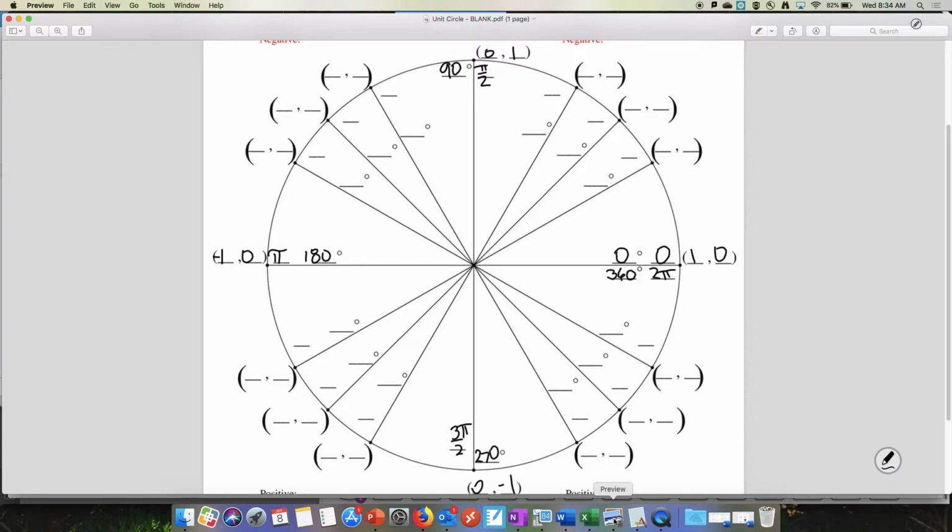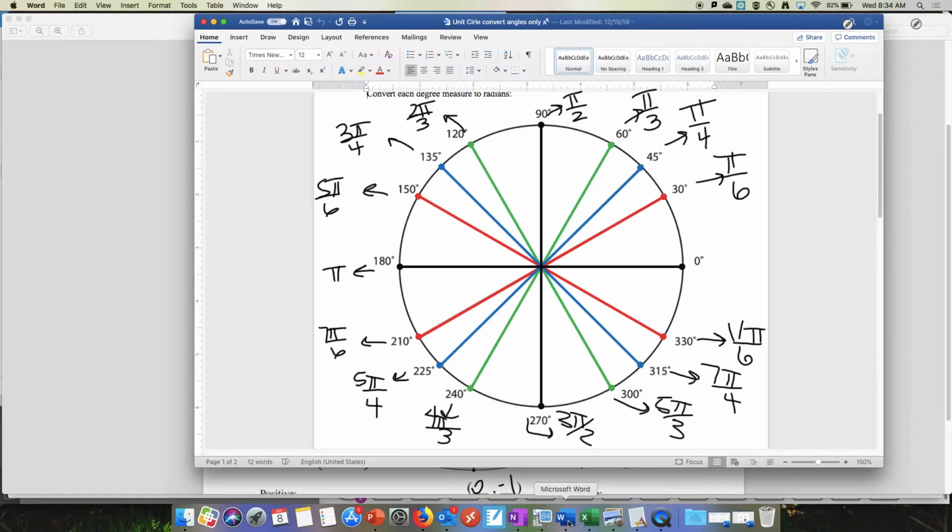So, what I would like you to do, you're going to have to take turns. Okay, so I'll be patient. What I want you to do, I want you to take turns using the highlighter. We'll start with pink. What I have in red or pink.